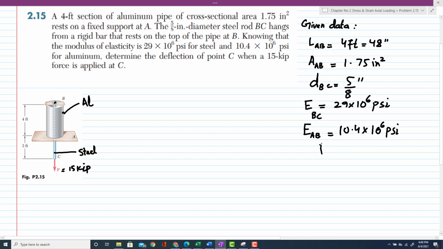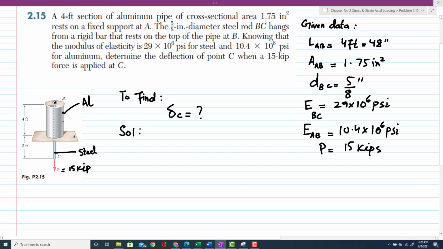Also the load is given, that is P is equal to 15 kips. Now you have to find the total elongation at point C, which is the change in length or deflection, or you can say increase in length at point C. So let's start with its solution.